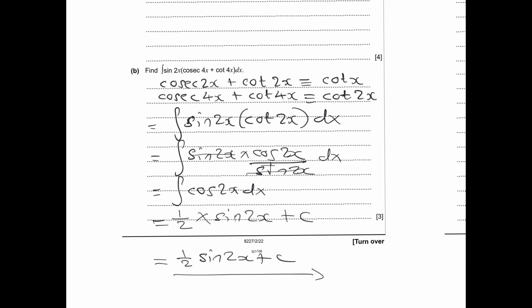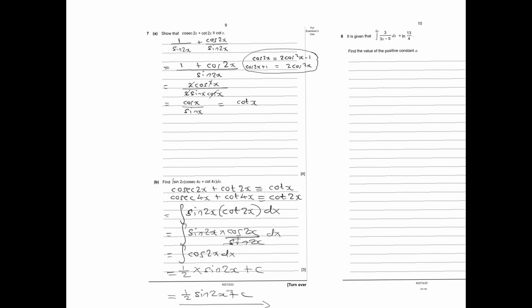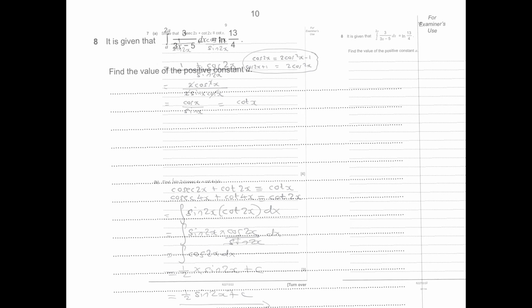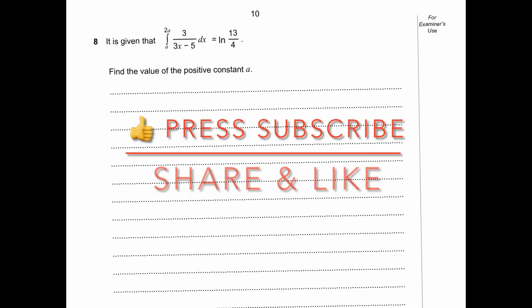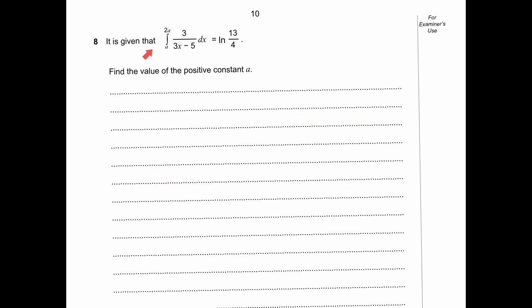All right. So that's our question number 7 with 7 marks. So we move on to question 8. Now let's look at question 8, where it is given that the integral of 3 over 3x minus 5 with respect to x, where the limits are from a to 3a, is actually equal to ln of 13 over 4.